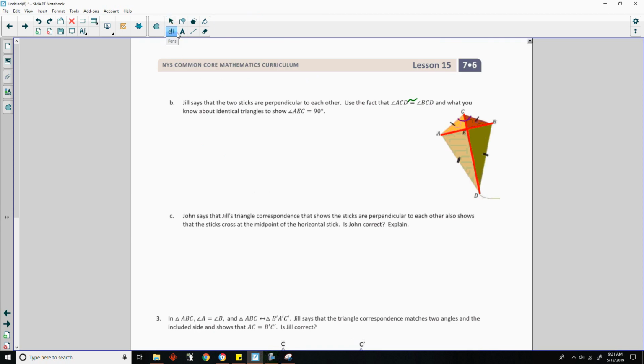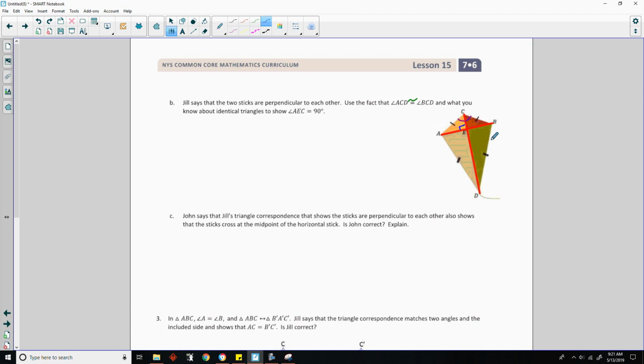Okay, so here's the diagram, just so we don't have to flip back and forth. So she says that the two sticks are perpendicular to each other. Use the fact that angle ACD is congruent to angle BCD, as I've marked here already, and what you know about identical triangles to show that angle AEC is in fact a right angle. So that is this angle here.